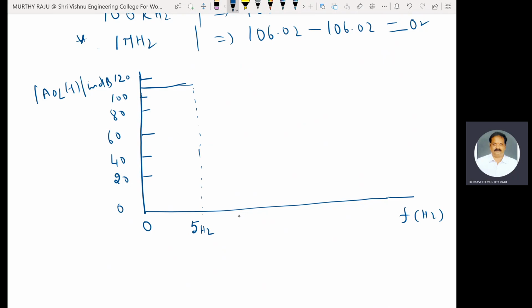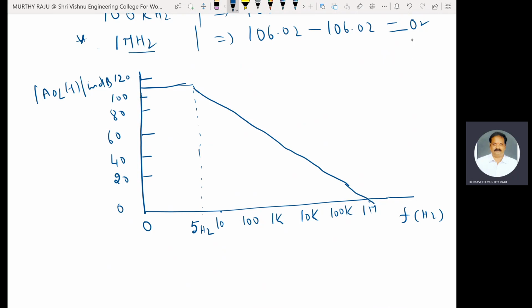After that, the axis reads 10, 100, 1K, 10K, 100K, 1 mega. After the break frequency, due to capacitive effects, the gain decreases like that, and we obtain 0 dB at 1 megahertz.